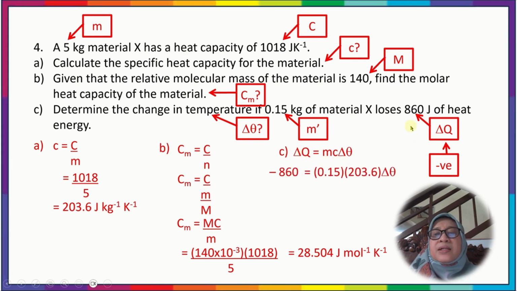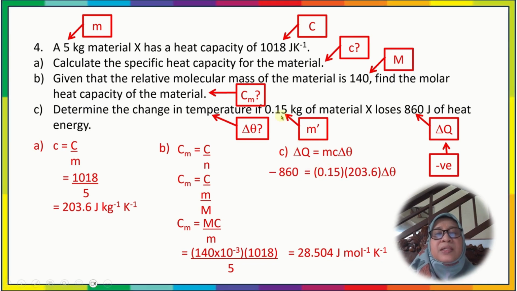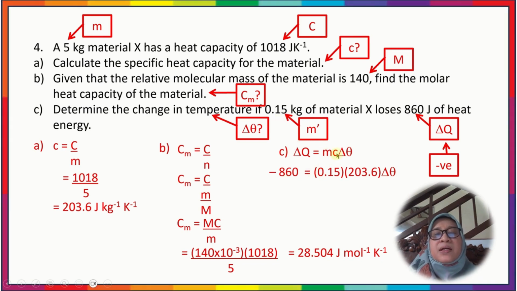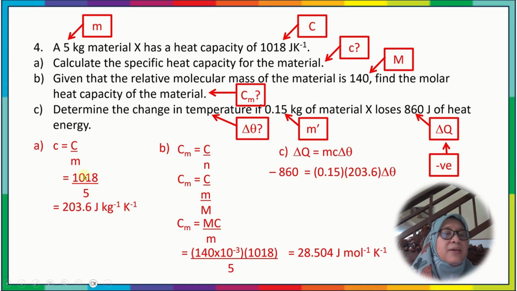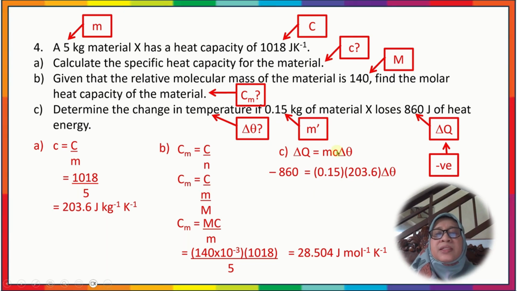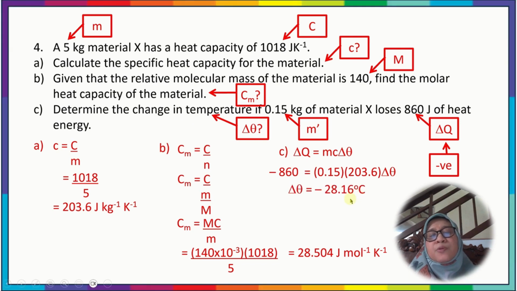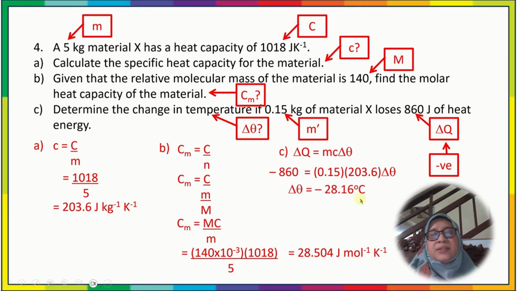So delta Q is negative 860. The mass is 0.15. c is 203.6, which we calculated in A already. We substitute this from A because this c is the specific heat capacity. And then delta theta is what the question asks for. So we get negative 28.16 degrees Celsius. Okay, so that's the answer.